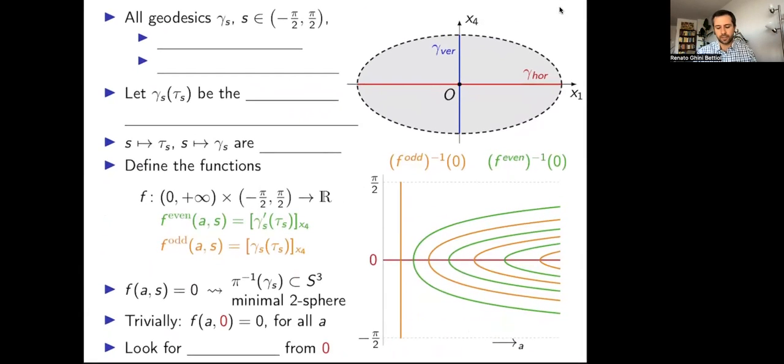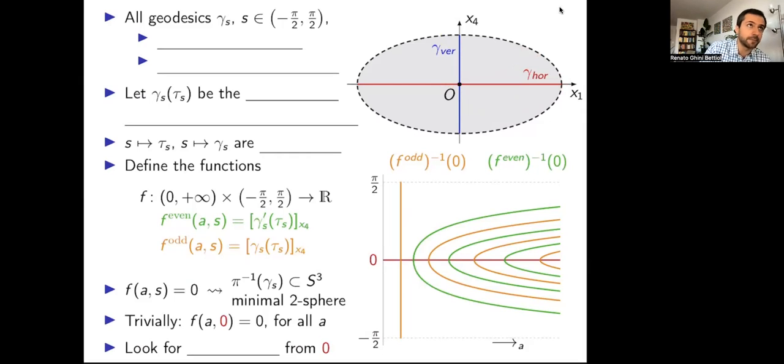First of all, let me argue that all of these geodesics starting from here actually go there. They don't just close up. They have to go there. This is basically a very simple topological argument, because the horizontal geodesic does so, and for these ones, it's a simple continuity argument.